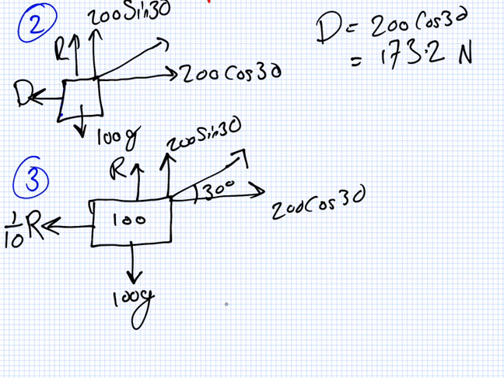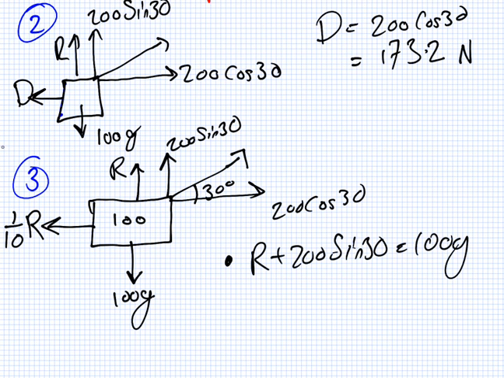So what you can say is, number 1, that R plus 200 sine 30 equals 100 G. Sorry, I'm getting my diagrams mixed up. Everybody's happy with that.